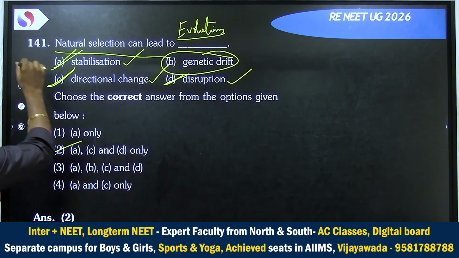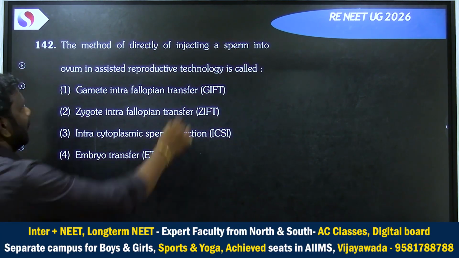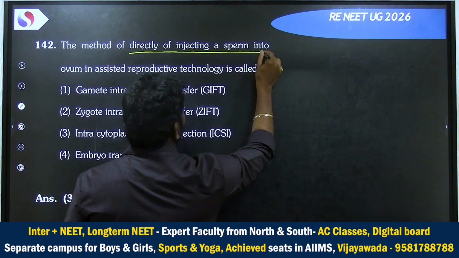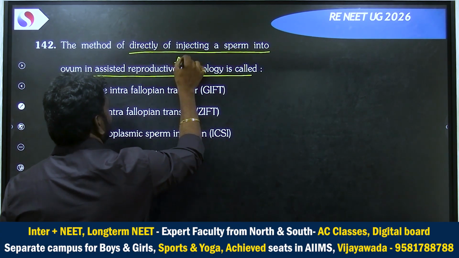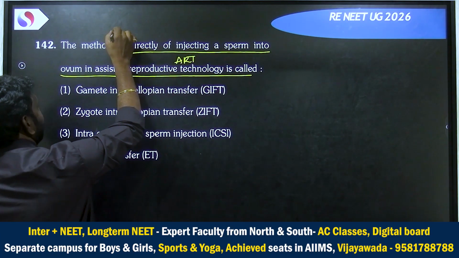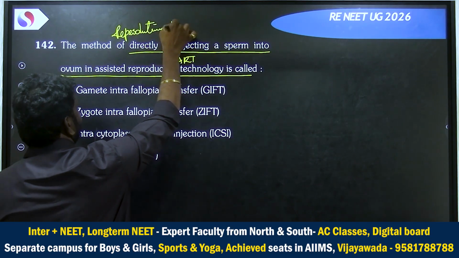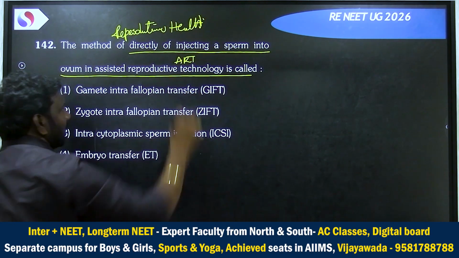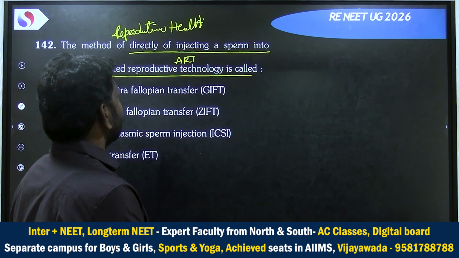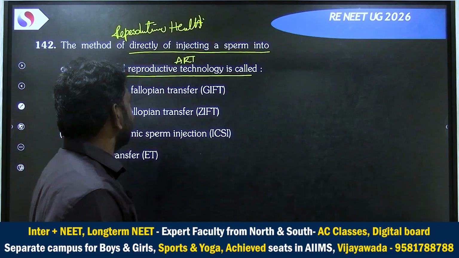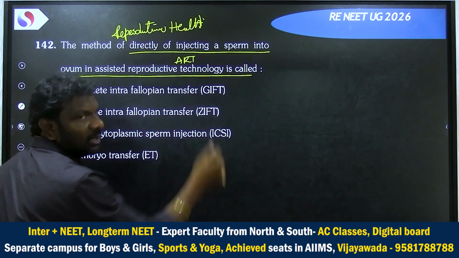Then the next question, 142. The method of directly injecting a sperm into the ovum as assisted reproductive technology, ART. That is related to reproductive health. The first option is gamete intrafallopian transfer.